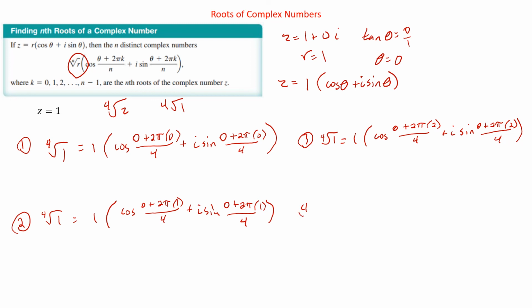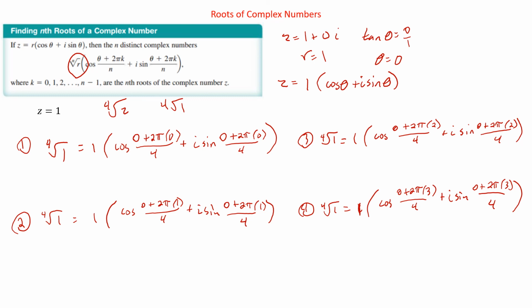And the fourth one, because we need 4 distinct roots, the fourth root of 1 will be 1 times cosine of 0 plus 2 pi times 3 over 4 plus i sine 0 plus 2 pi times 3 over 4.